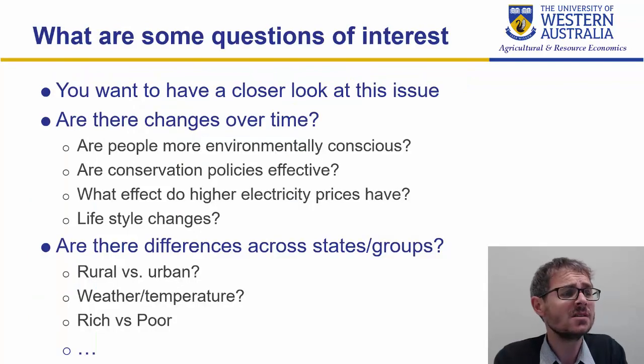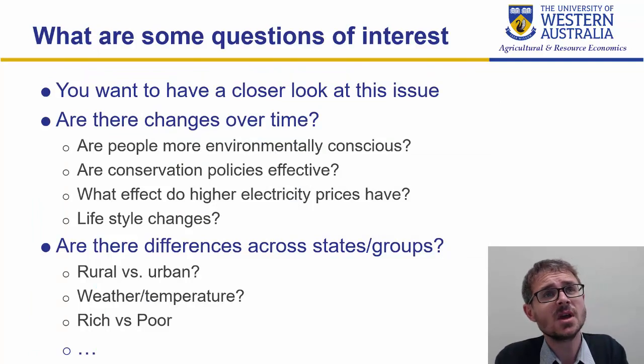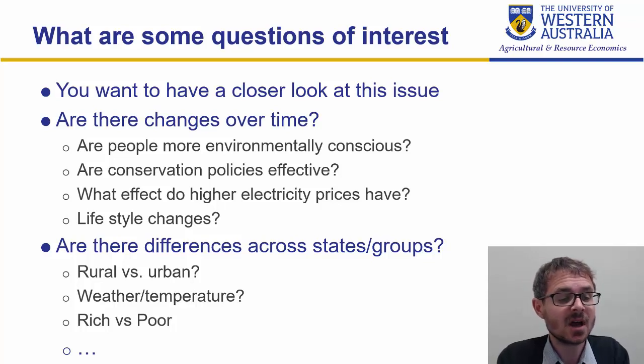There are a whole range of questions that you might want to look at. Are there changes through time? There's certainly energy consumption changes through your life cycle. Are rural households different to urban households? How do weather changes and temperature impact energy use?